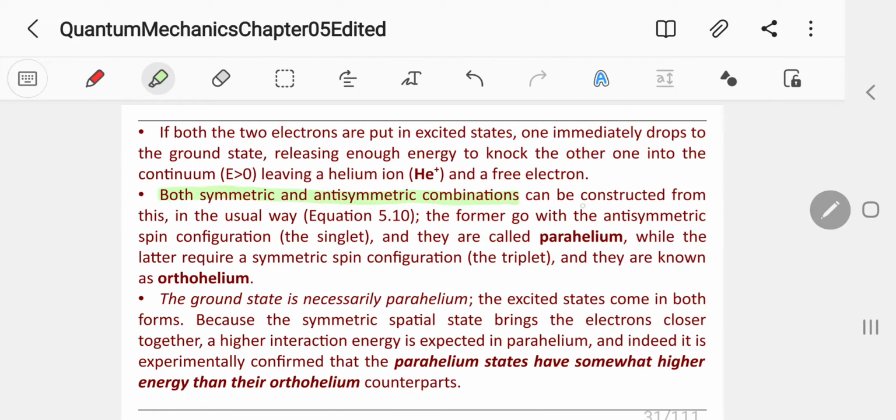The singlet configuration is called the parahelium, and you have the orthohelium for the triplet state. The parahelium has greater energy compared to the orthohelium counterparts. So you have here that statement.